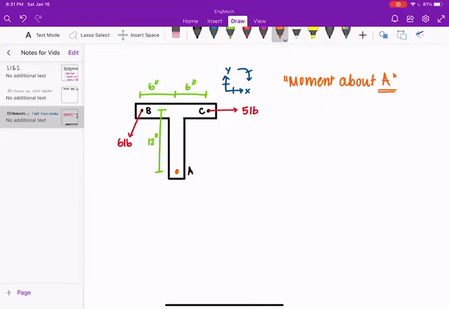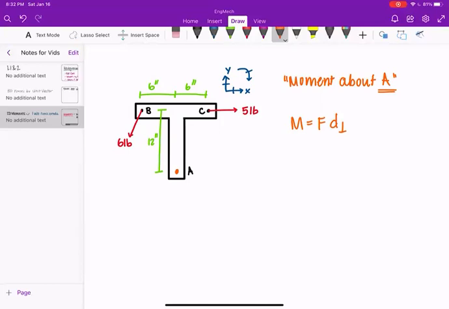So I wanted to go into this example a little bit. The easiest way to think about it, and I'm going to rewrite our equation: moment equals force times perpendicular distance. How many forces do I have here? Well, I have two, technically, but how many of them have a relatively clear perpendicular distance?